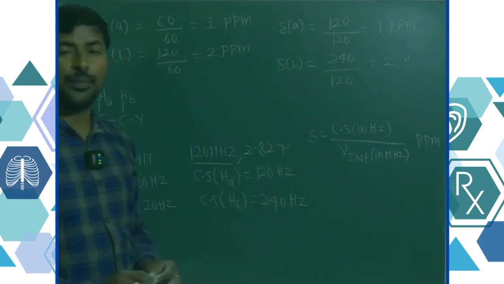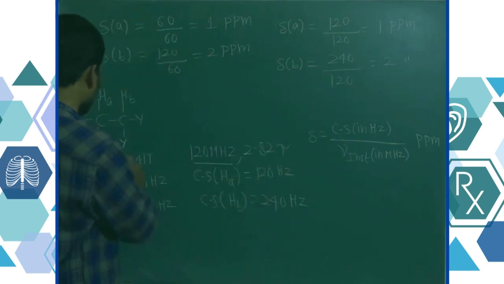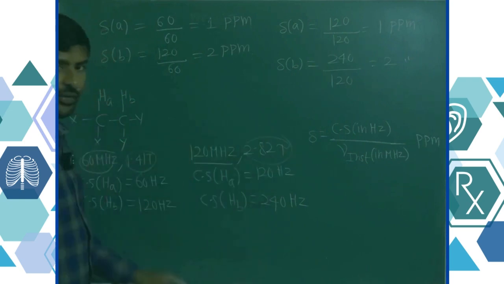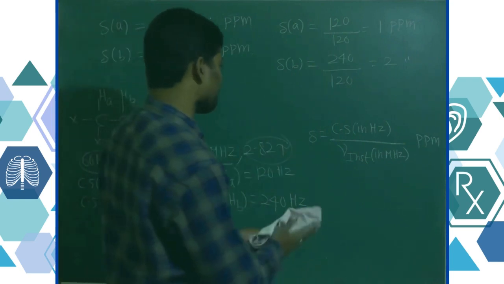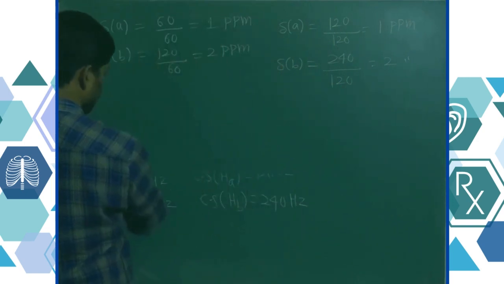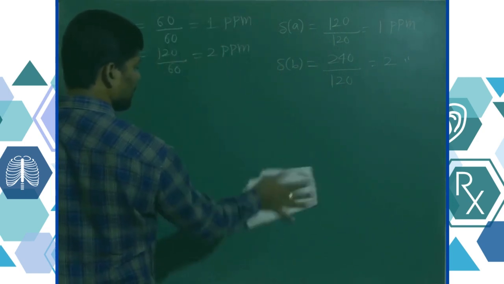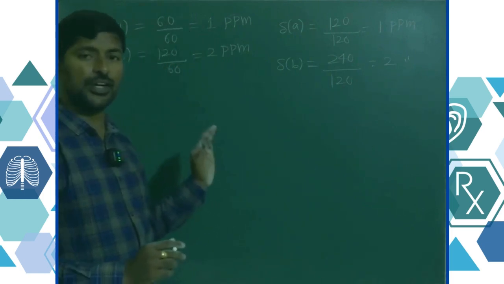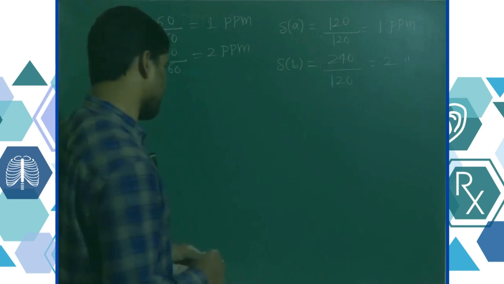So that means the ppm scale is independent of both instrument frequency and applied magnetic field. That is the benefit we have with the delta scale.